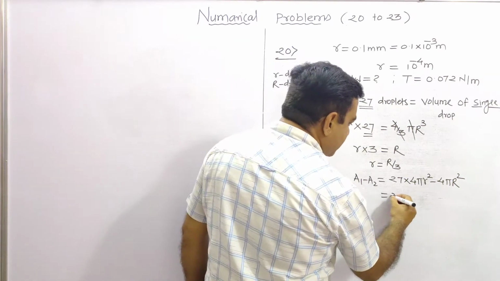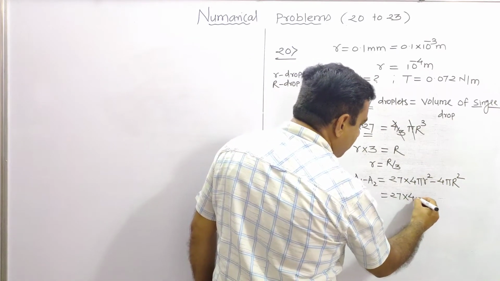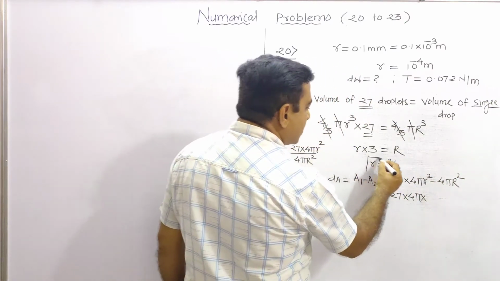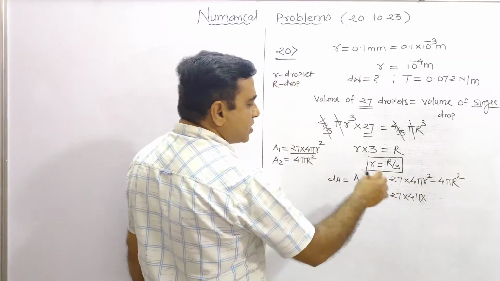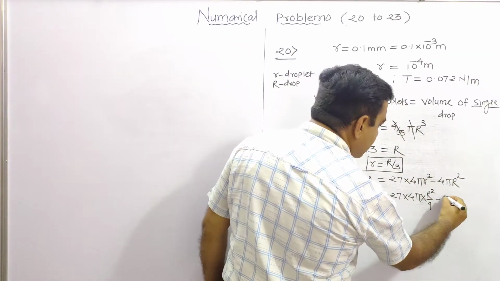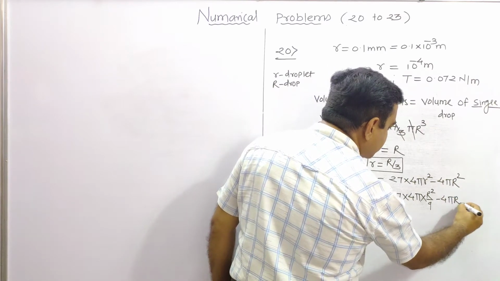Here 27 into 4 pi into, we know that small r is equal to capital R upon 3, squaring that, R square upon 9, minus 4 pi R square.